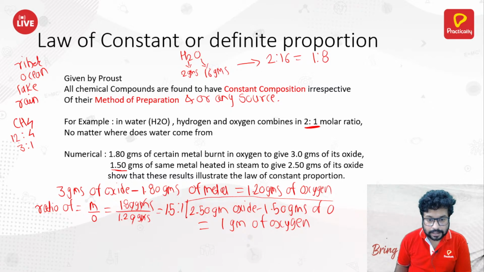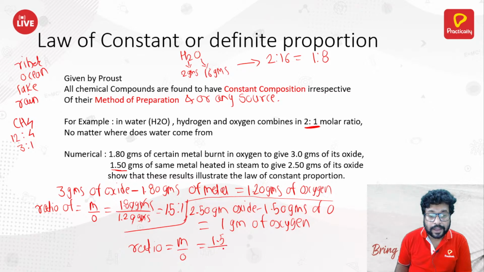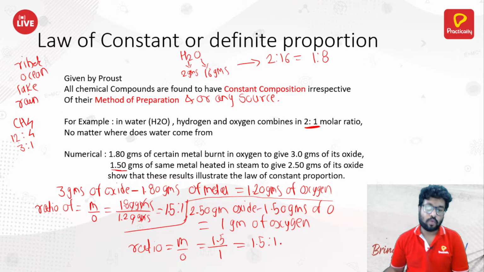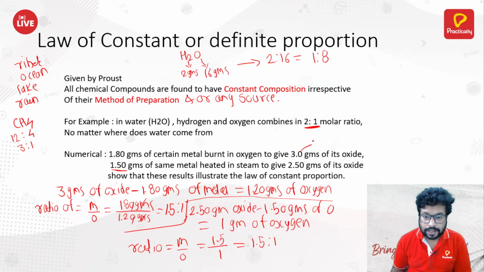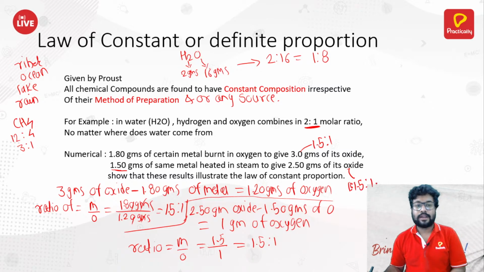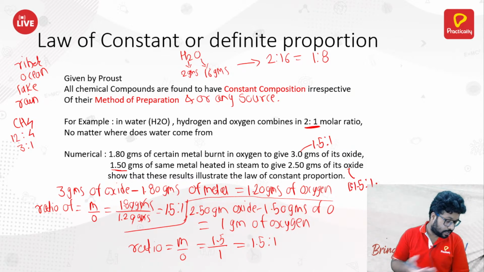So again, if you take the ratio of metal to oxygen, you will again have 1.5 divided by 1. So the ratio again is 1.5:1. See, here also you have a ratio of 1.5:1. Hence the law of constant or definite proportion is proved.